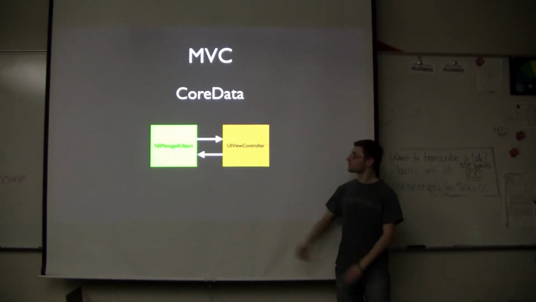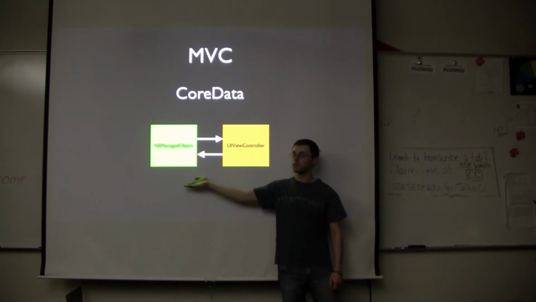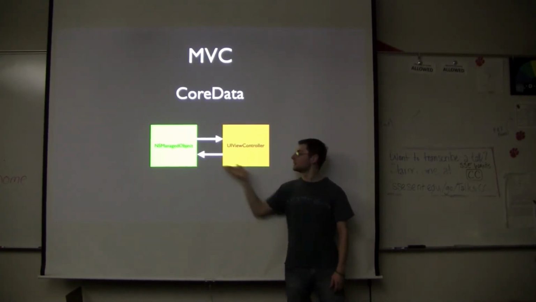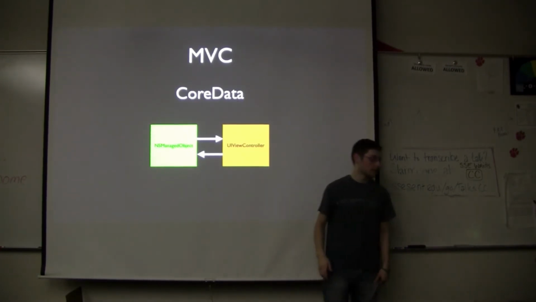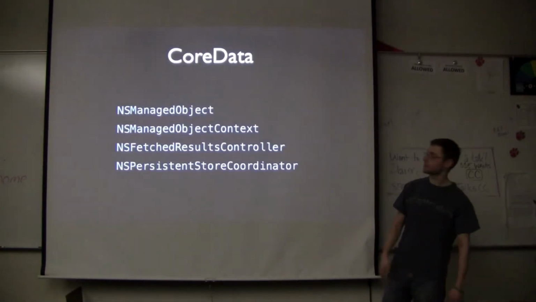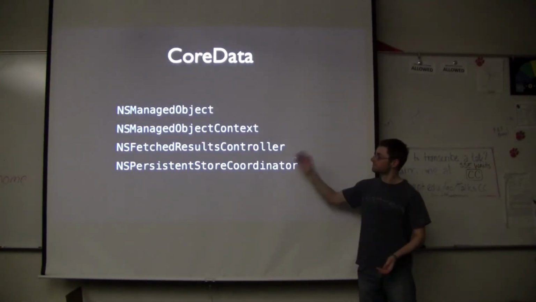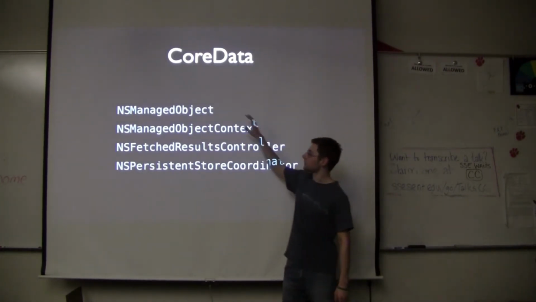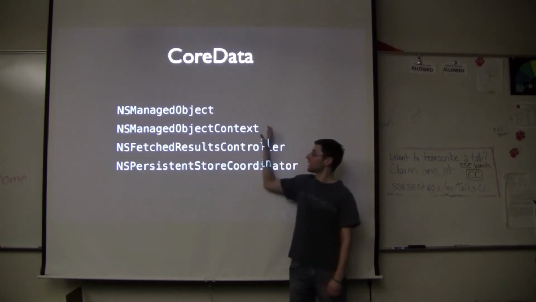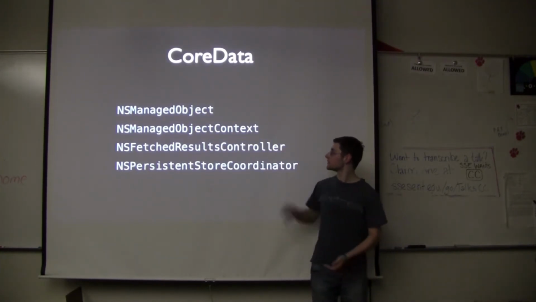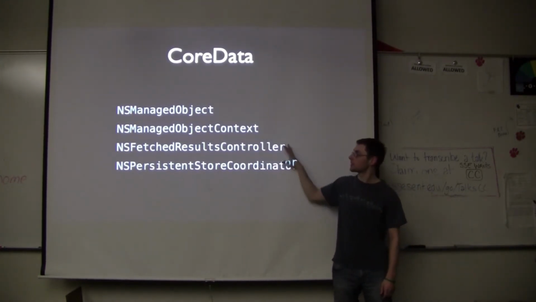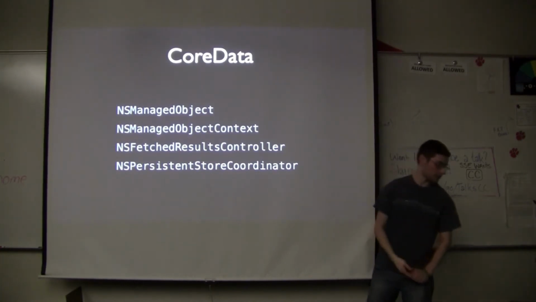Basically, your models are NSManagedObjects, and when dealing with iOS, you're going to be dealing with this relationship between your UIViewController and your NSManagedObject. Here are some objects that you get with CoreData. We really don't deal with these too much, mainly your NSManagedObject and your NSManagedObjectContext. These have to do with actually querying data, but we'll get to some of that later.